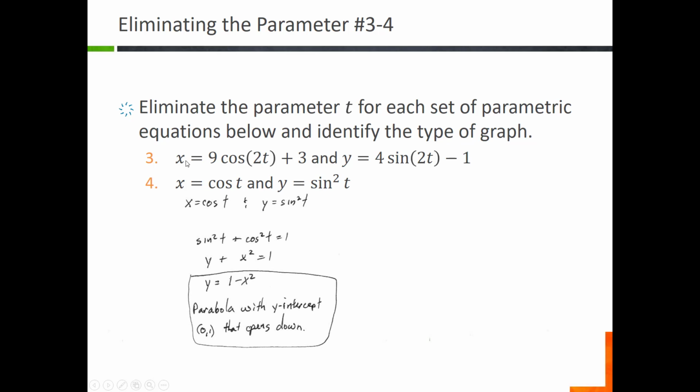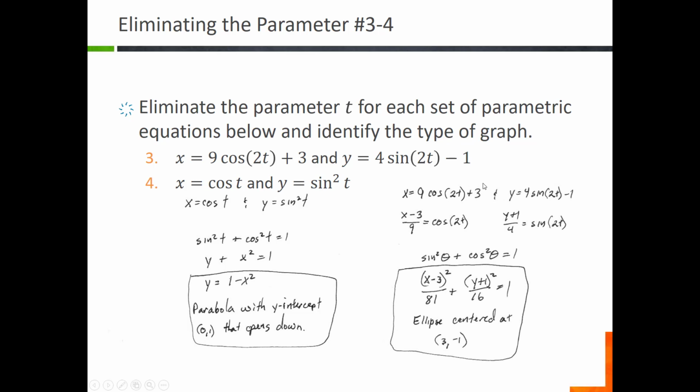In this first example, we have x equals 9 cosine of 2t plus 3 and y equals 4 sine of 2t minus 1. Notice they both have a 2t in them. Since they both have 2t, we can still use the Pythagorean identity, but now the 2t is what's going to be our theta.